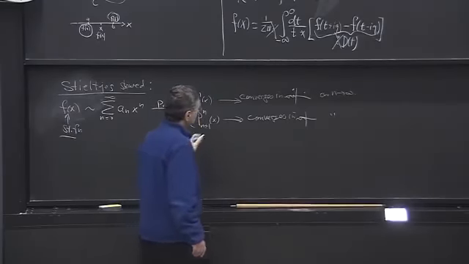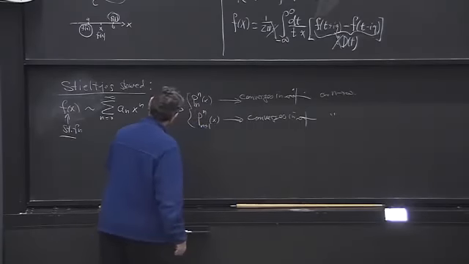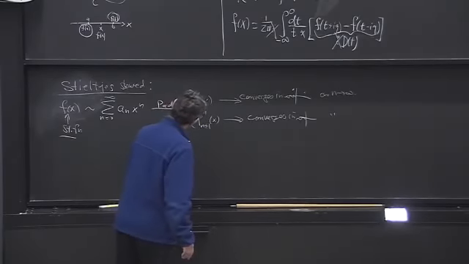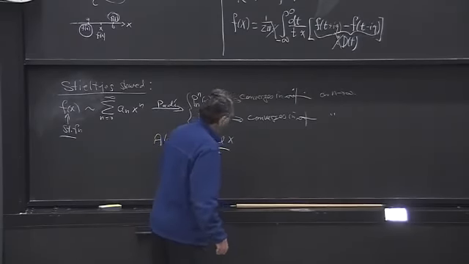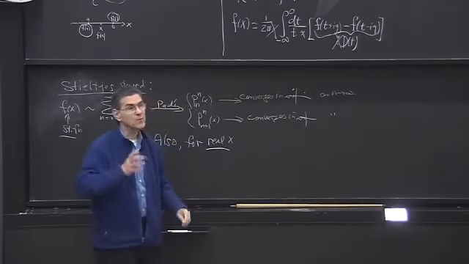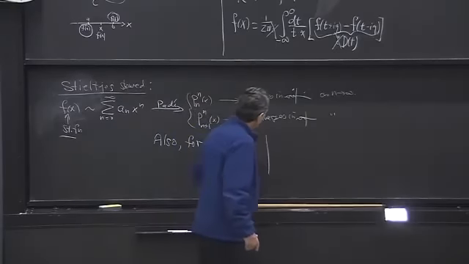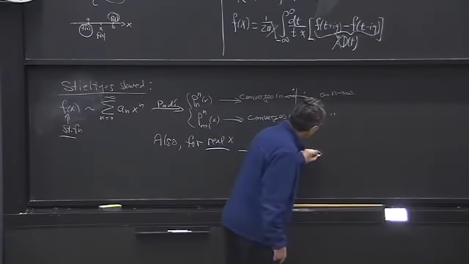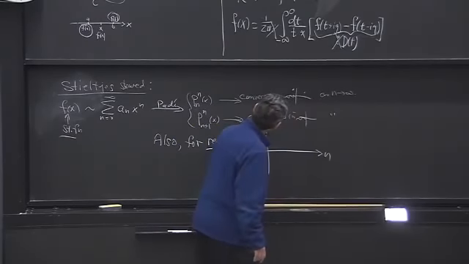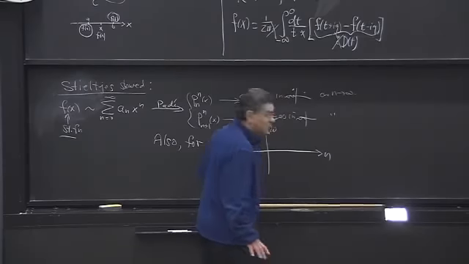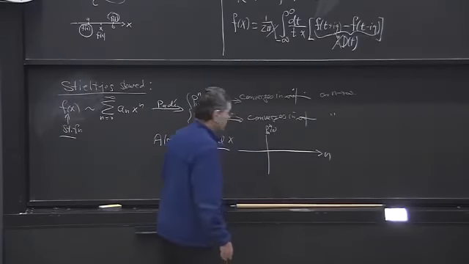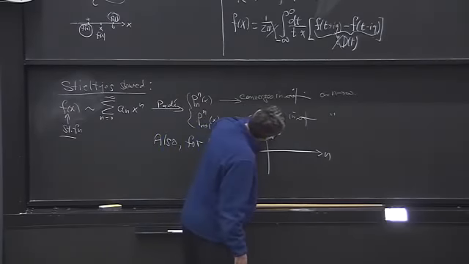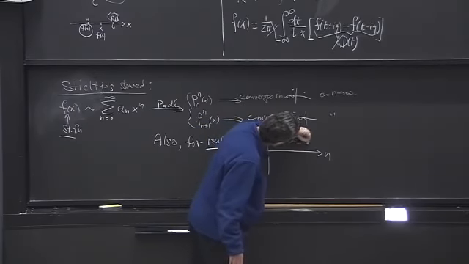In addition, for real x, if x happens to be a real number, he proved that P_nn of x, this is only true for real x, of course, the Padés will be real, and they will converge monotone downward.